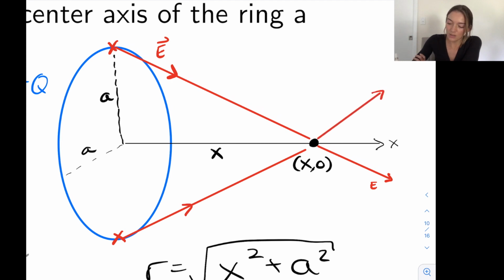So now we can see that the exact same thing is happening as we just saw, where if I break this up into components, my y component, I'll call this E_y, is canceled out by the y component from the charge on the other side of the ring. So again, my y components are equal and opposite since the ring is symmetric, and only my x components are going to contribute.